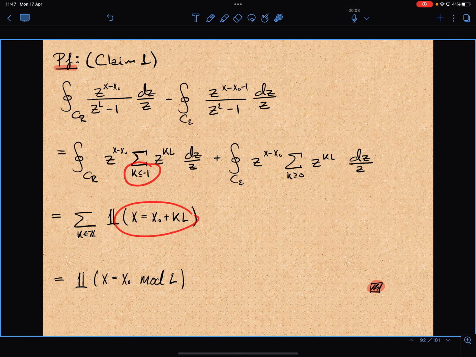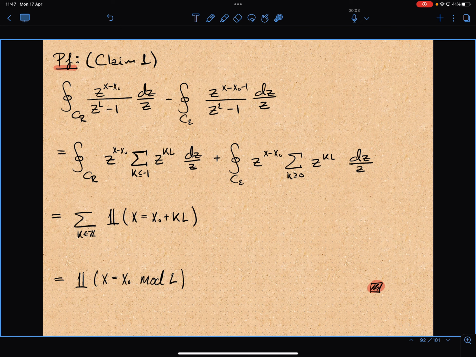This is for k's less than or equal to minus 1, and this is going to tell me that I have the indicator function for k's greater than or equal to 0. And this is for any constant multiple of L, and this is equivalent to this indicator function.